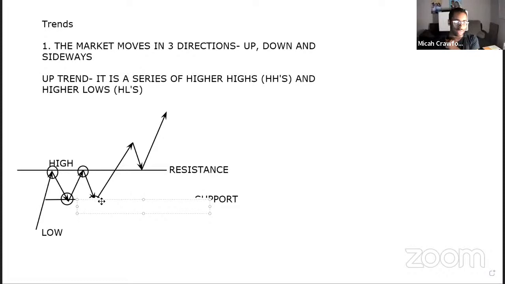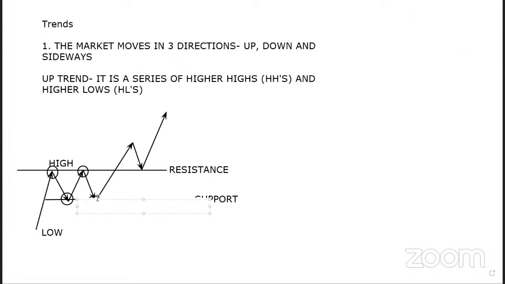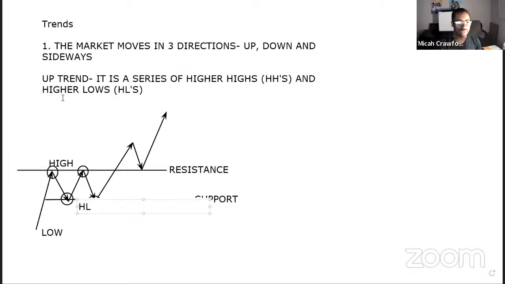Are these lows higher or lower than this low down here? The higher lows. There you go. HL. So see the note where it says higher lows. So now we have to wait for the market to break the high and create a new what? What is this level up here?